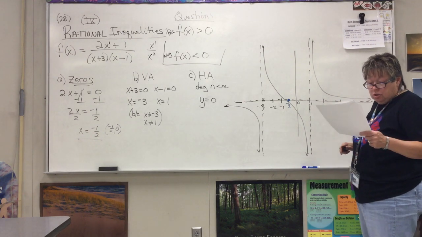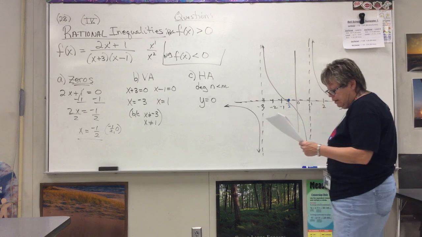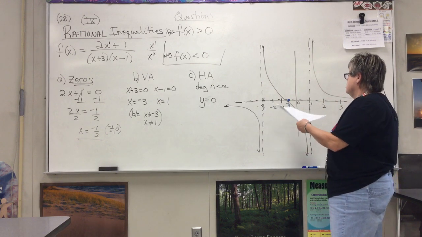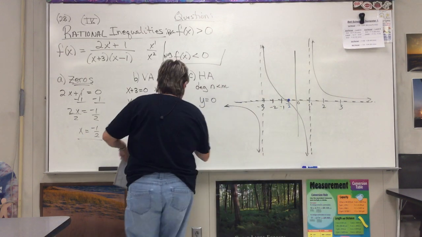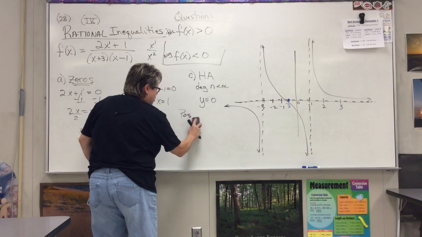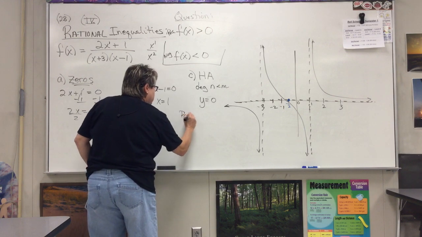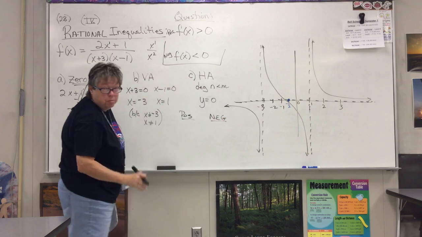Okay, so interpreting from our graph, I think you can tell now where is our f of x positive, negative, and so forth. Okay, well, how about we just do it this way? How about positive, negative, just because I have a little spot right here.